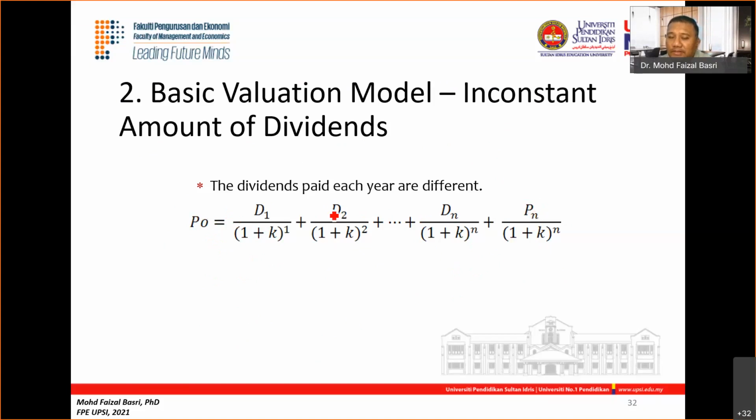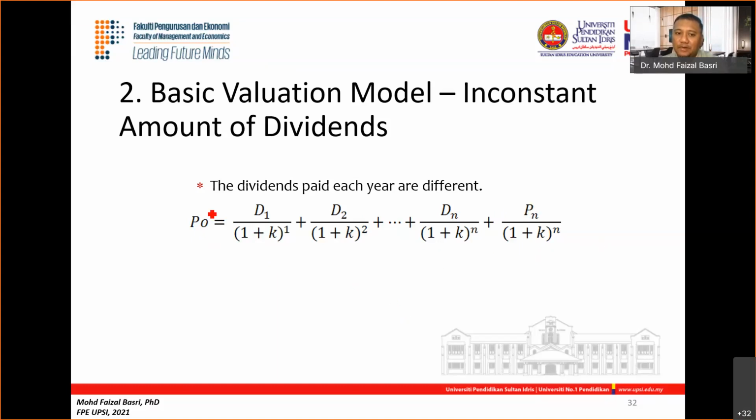So you insert all of the information except for PN, and then solve it mathematically, one by one, until you get PN. That's number one. The question might also ask you to find the K, maybe. But for inconstant or constant amounts of dividend, usually besides P0, they might ask you to find PN. That's it.